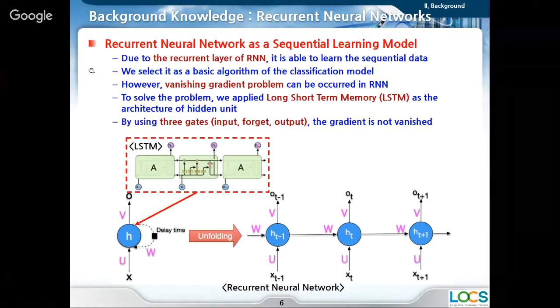The model we use in this paper is a recurrent neural network. It's one of the deep learning models, and it is able to learn sequential data. But if you use only an RNN, the model cannot learn long-term sequential patterns because of the vanishing gradient problem.